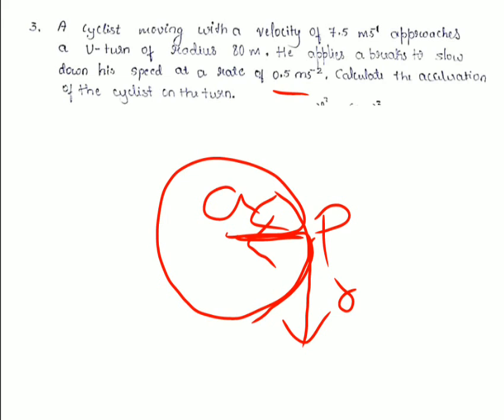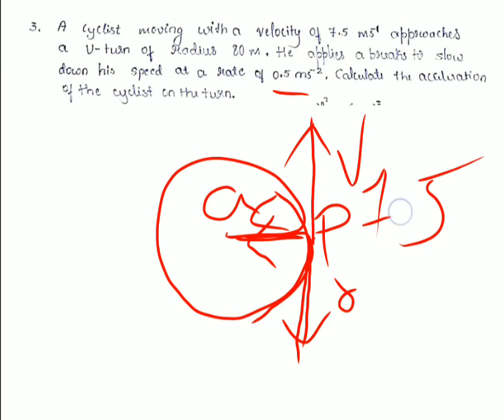The acceleration is acting in this direction, and the velocity will be in the opposite direction. The given velocity value is 7.5. Next, the radius is how much? It is 80 meter.